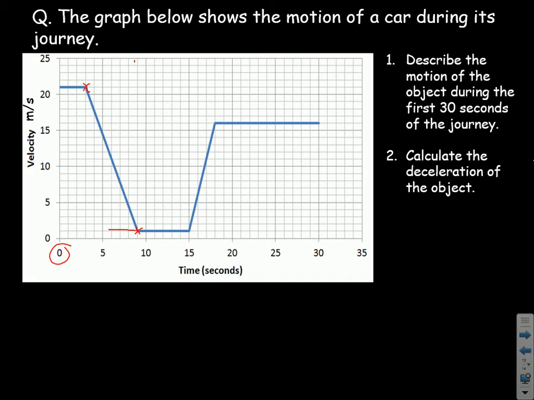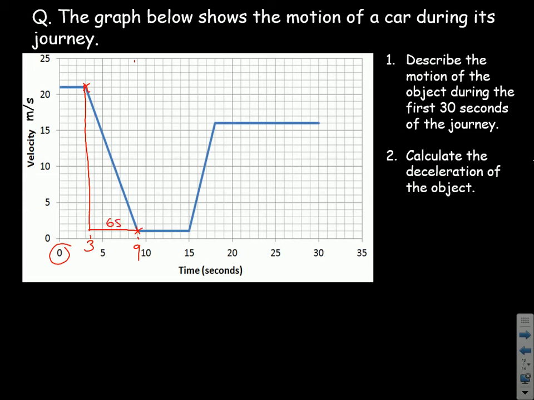So I need to do rise over run, the drop in velocity divided by the time taken. So if I have a look at the first point, it starts at 3. And then this point is at 9. So the time taken there is 6 seconds.